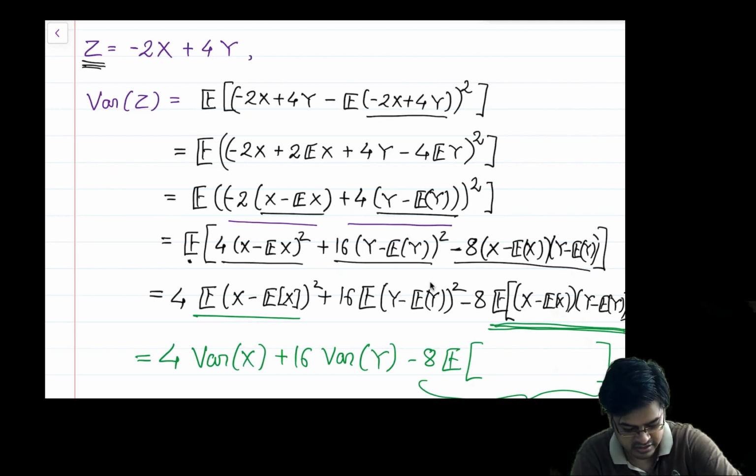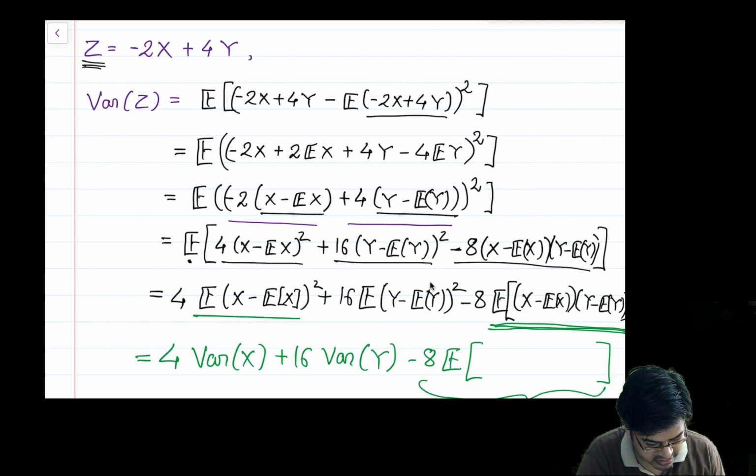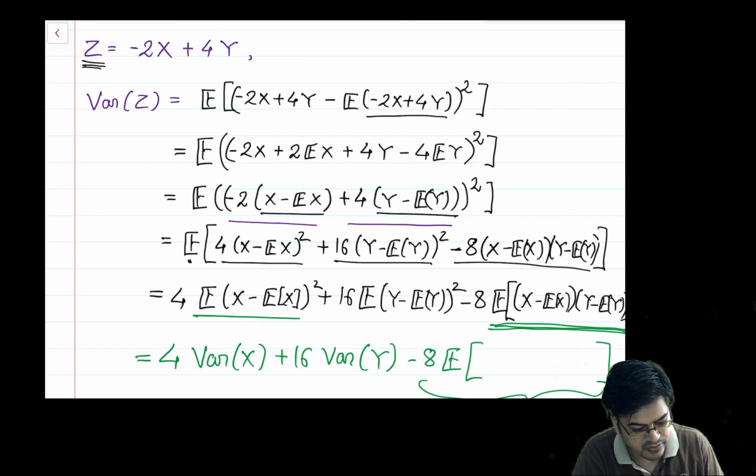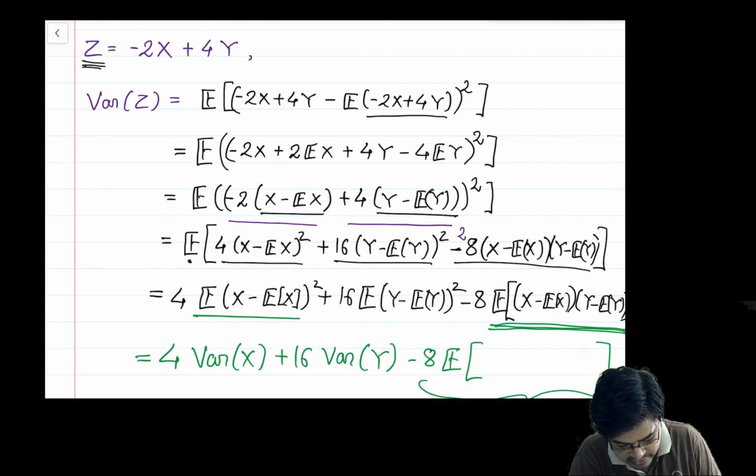Here I think I will get 4 into 16 minus 4 into 2, which is 8. Alpha x plus beta y may be multiplied with 2 because 2ab should come, so it will be 2 into 8ab.